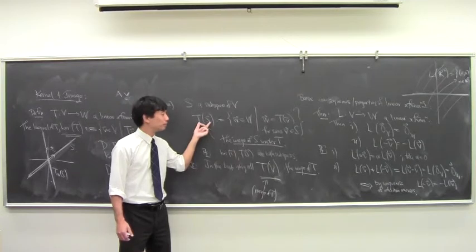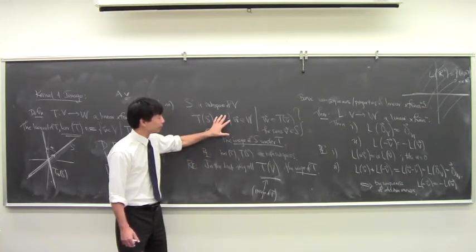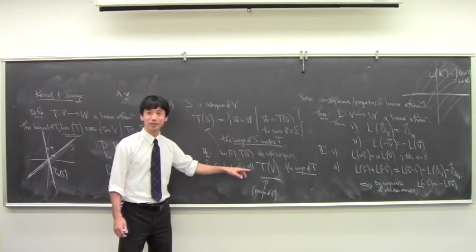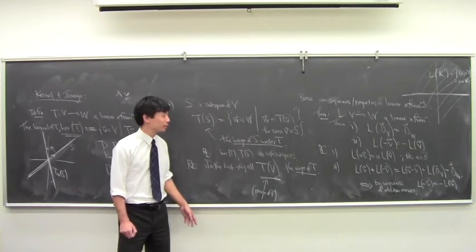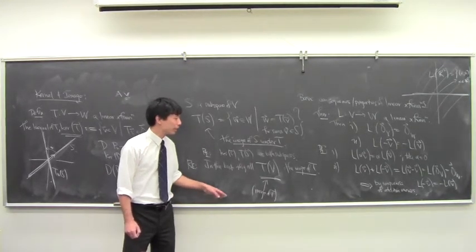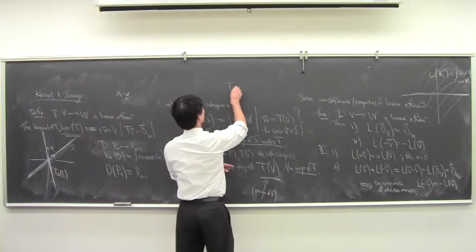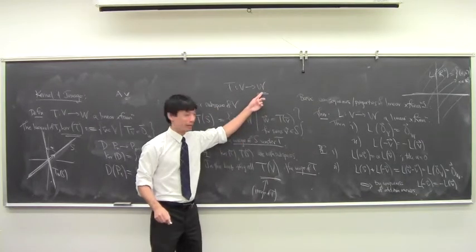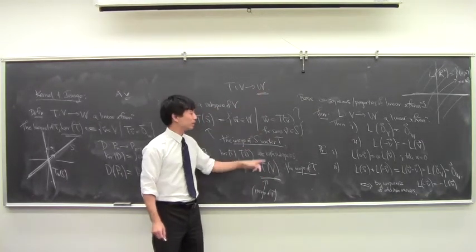Okay, but generally I don't even have a term for this, and I call this thing the image. But I'll try to make it clear what I'm saying when I use the term. So for me, this is the range and this is the image.